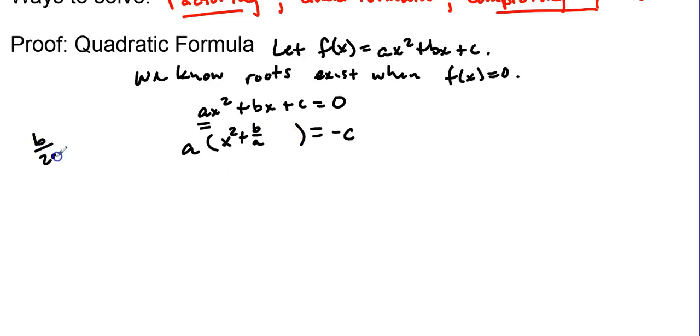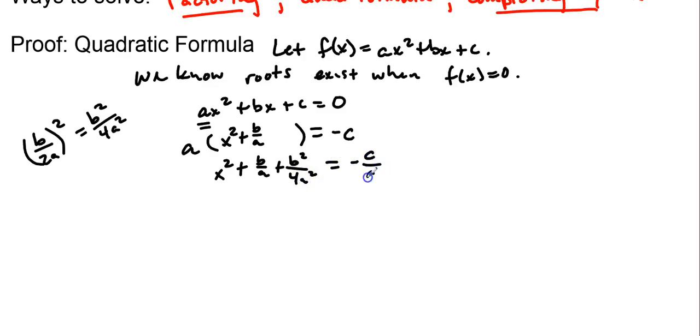So we've got b over 2a, and we're going to square that. I'm going to divide by a on both sides. So this is b squared over 4a squared. We'll have x squared plus b over a x plus b squared over 4a squared equals negative c over a, and we added this to this side, so we have to add this to this side.